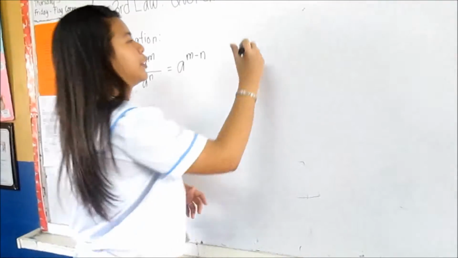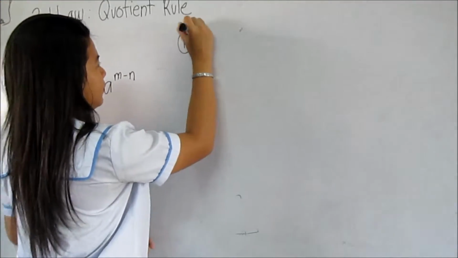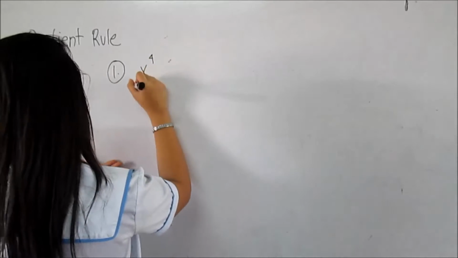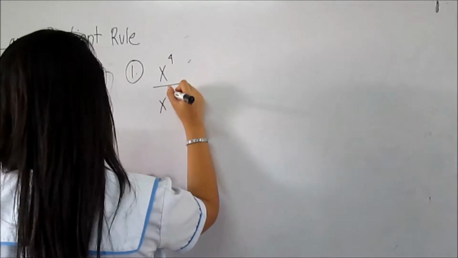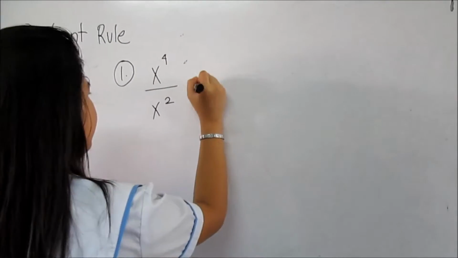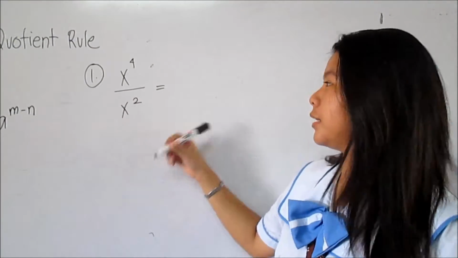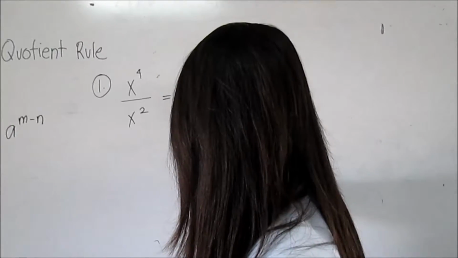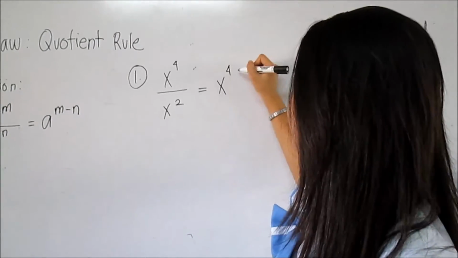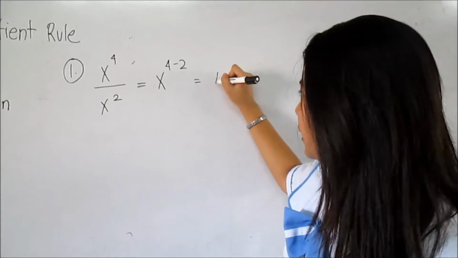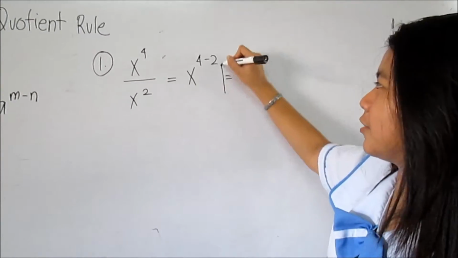Here's example number 1. x raised to 4 over x squared is equal to x raised to 4 minus 2. We will subtract the exponents. So here's the final answer.